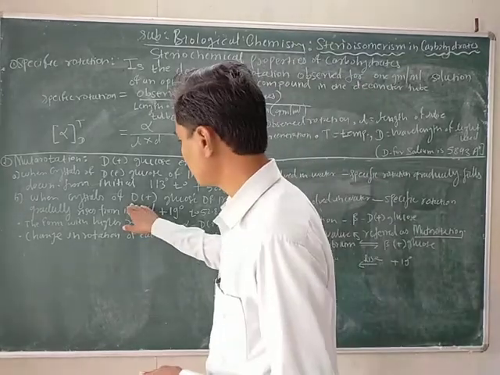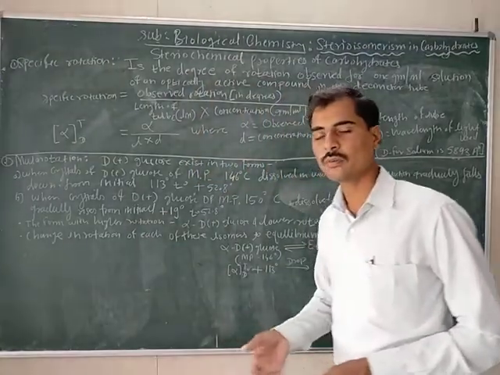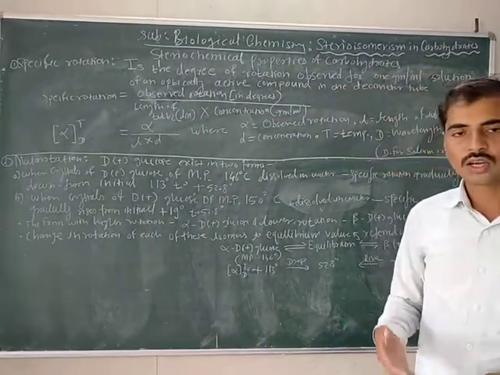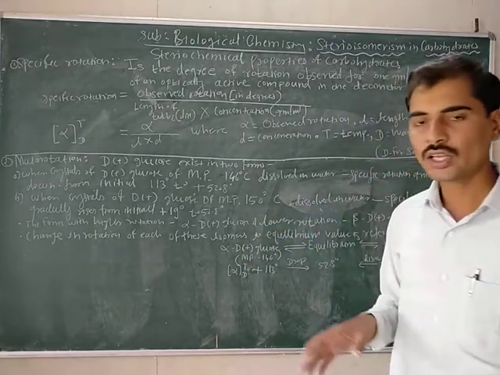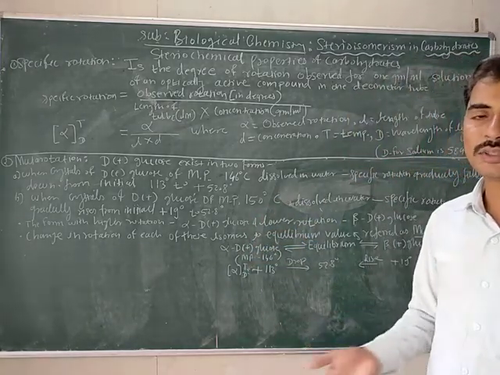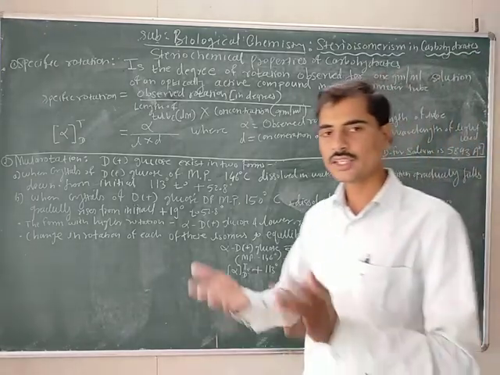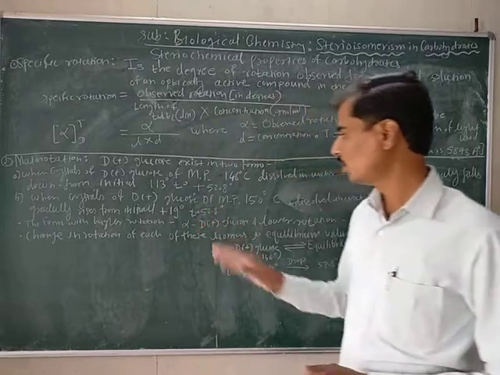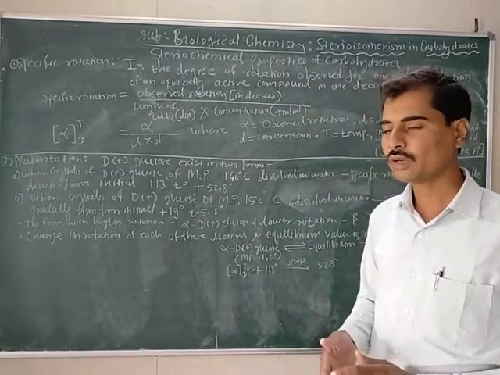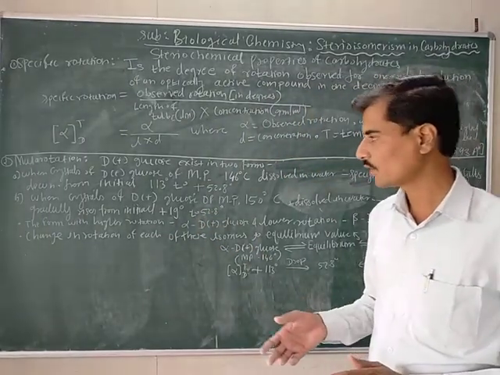When the crystals of D plus glucose of melting point 150 degrees dissolve in water, then the specific rotation increases from an initial plus 19 to plus 52.8 degrees.